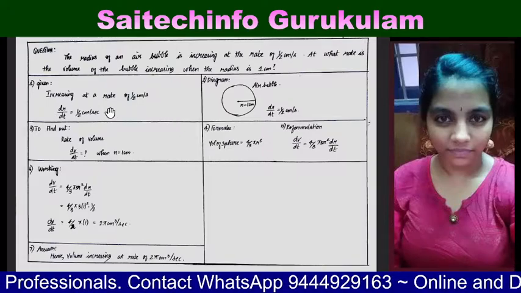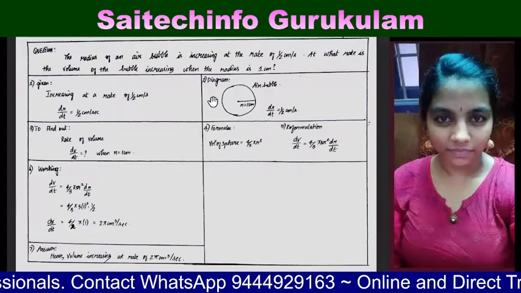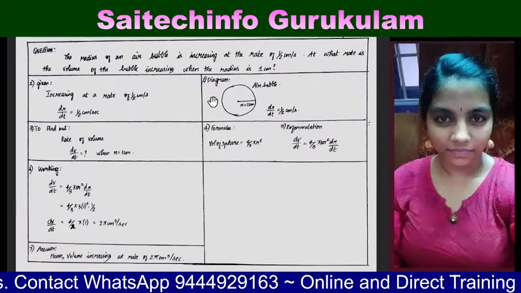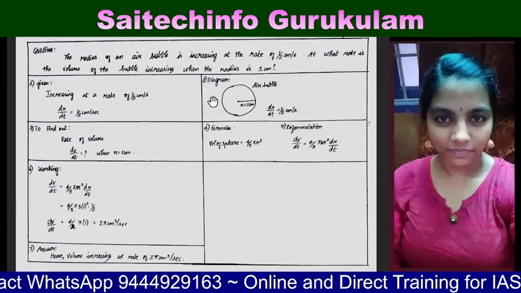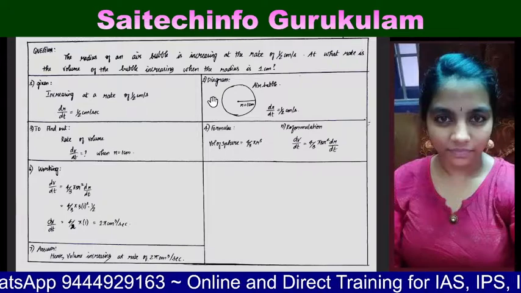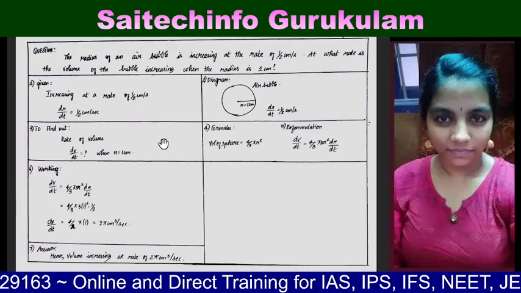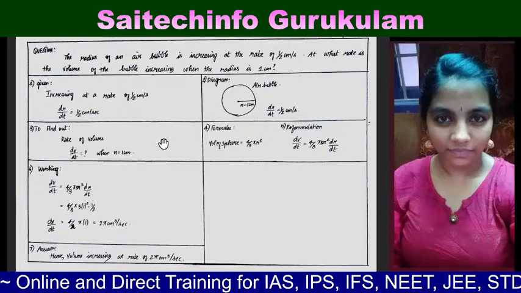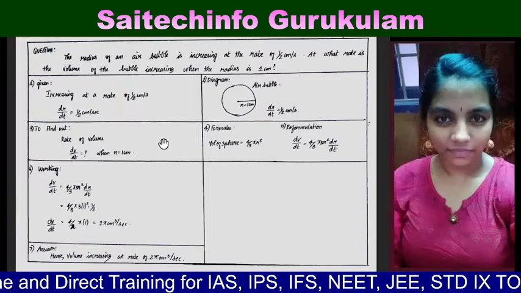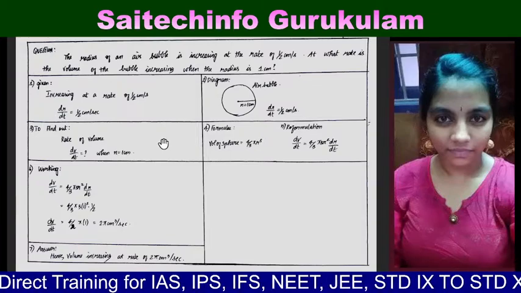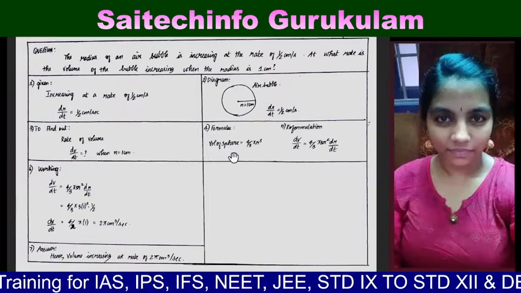Generally an air bubble is in the form of a sphere, so I have drawn a sphere with the radius equal to 1 centimeter. To find the rate of volume, that is dV by dt, when r is equal to 1 centimeter. Formula: volume of sphere is equal to 4 by 3 pi r cube.